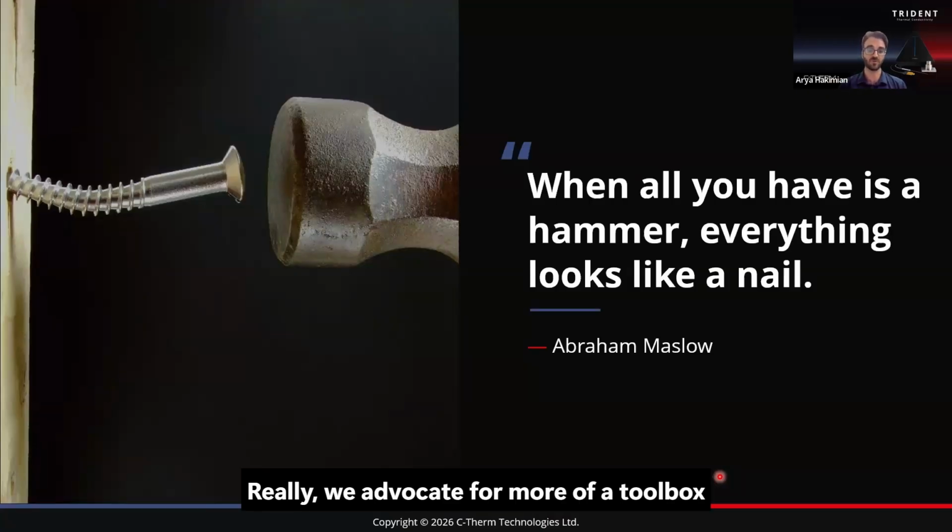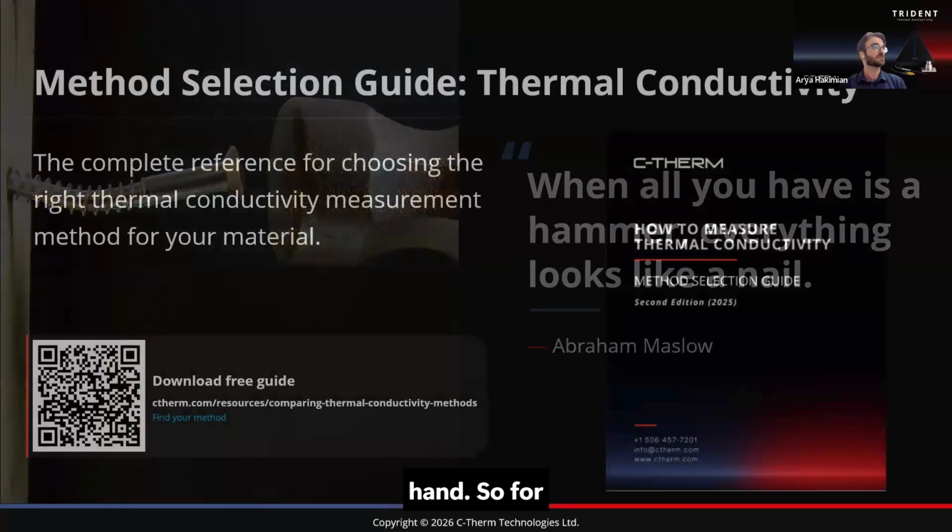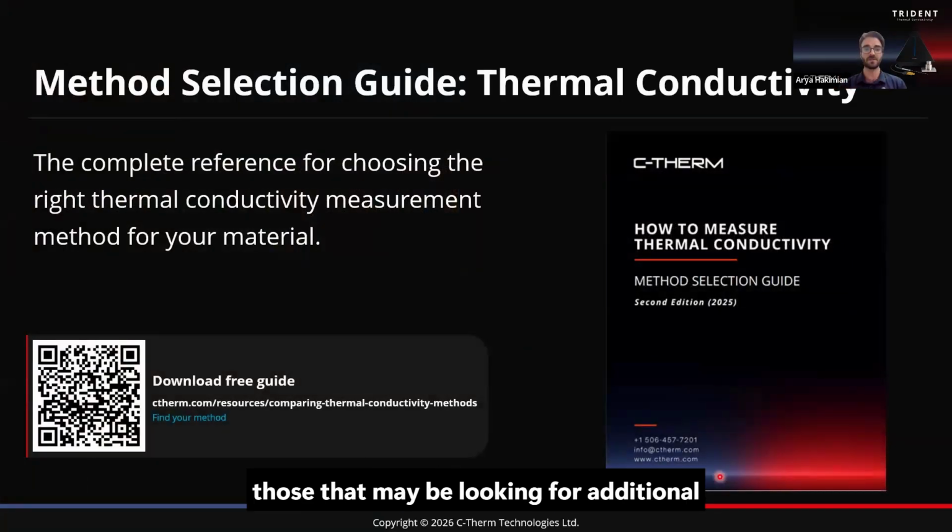We advocate for more of a toolbox style approach, to pick and choose the best option to address the task at hand.